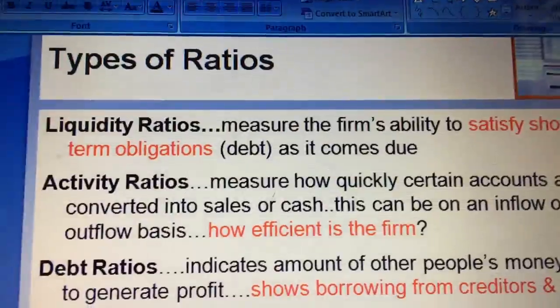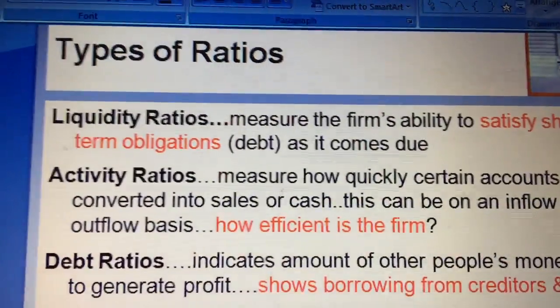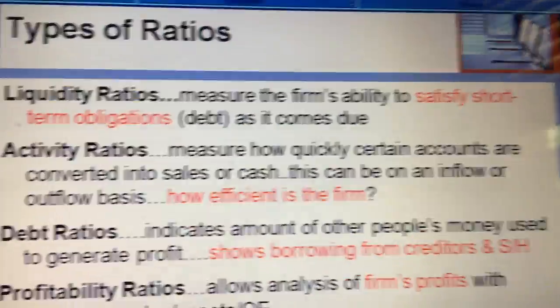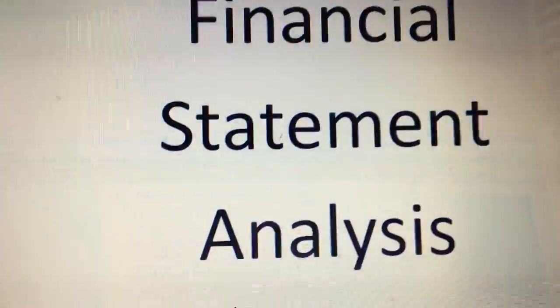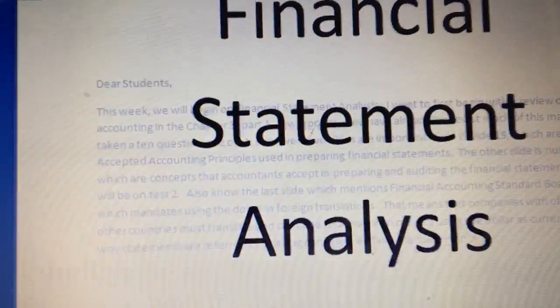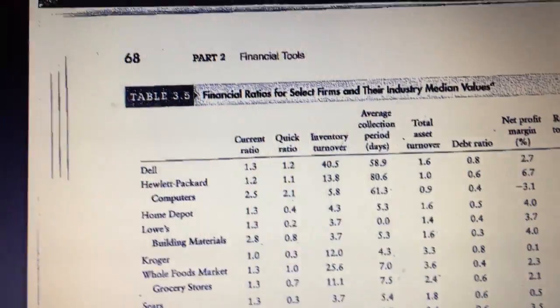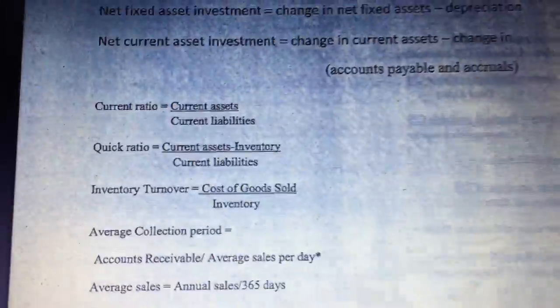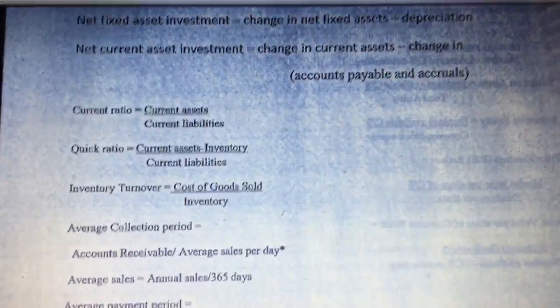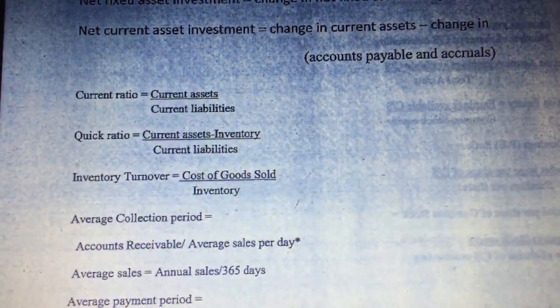And in order to do that, I want to introduce you to your handout that has to do with these ratios. So go to your ratio page here, and I want you to number these ratios.